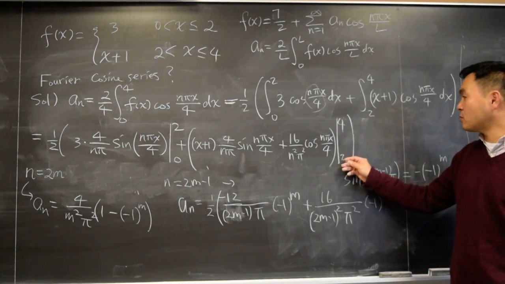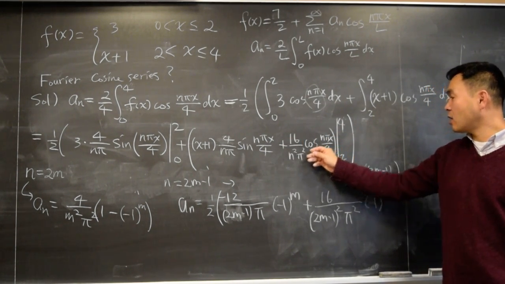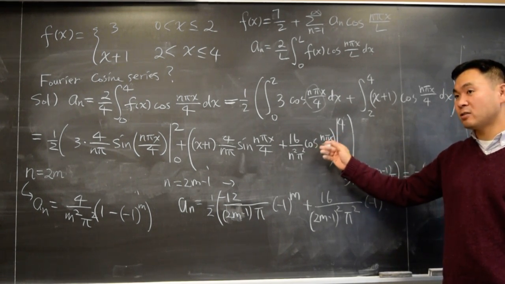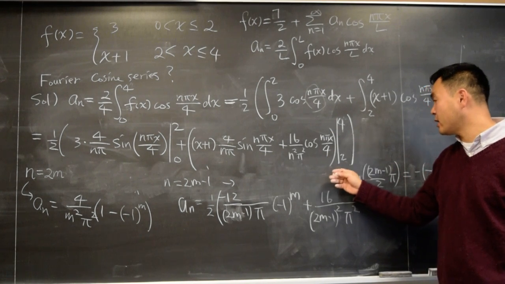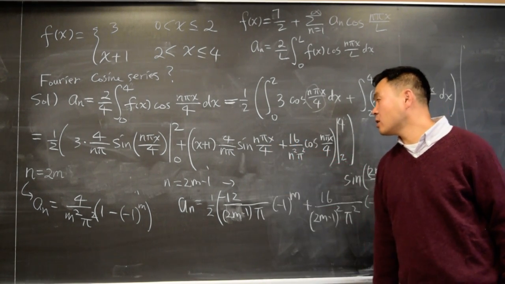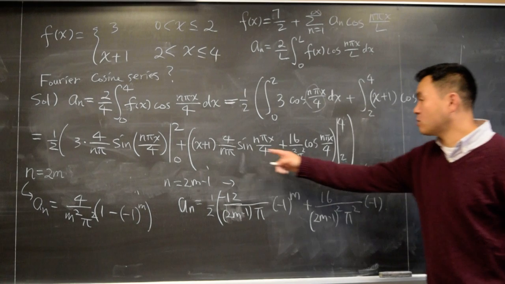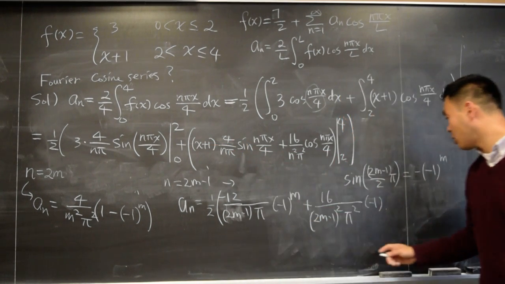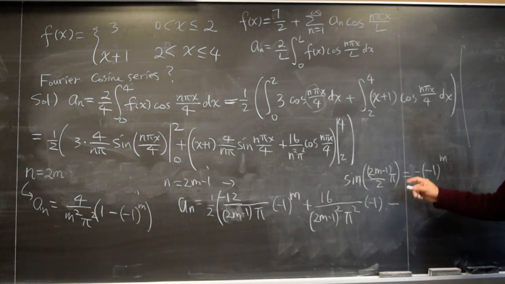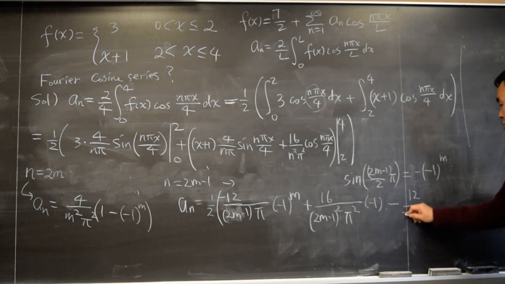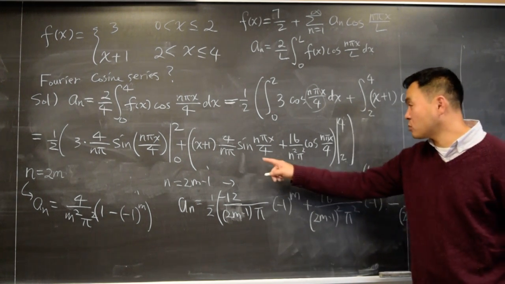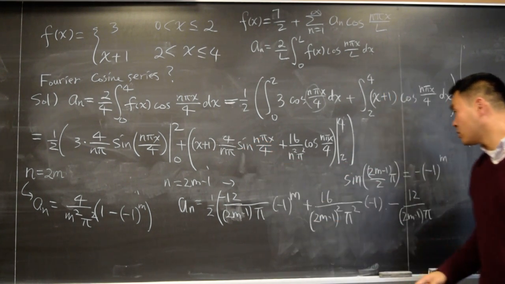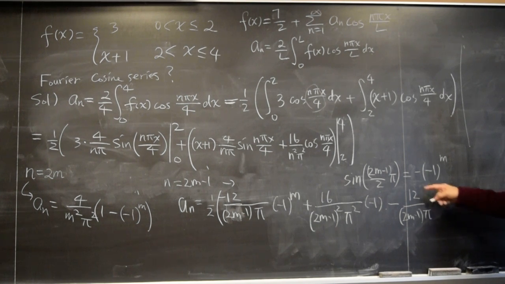Now let's plug in 2. If you plug in 2, cosine is 0 at odd multiples of pi over 2. So that goes away. When you plug in 2 here, that's 3. 3 times 4 is 12. So you have to subtract 12 over 2n minus 1 pi, and the sine of this much.